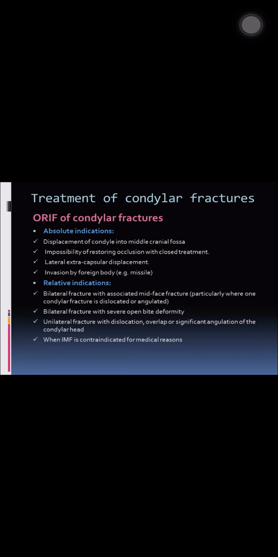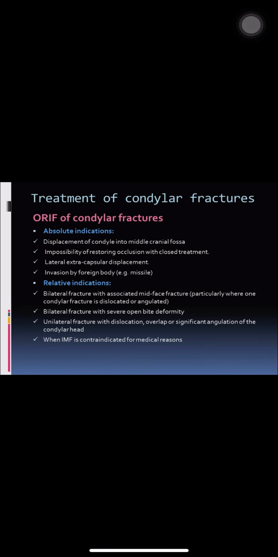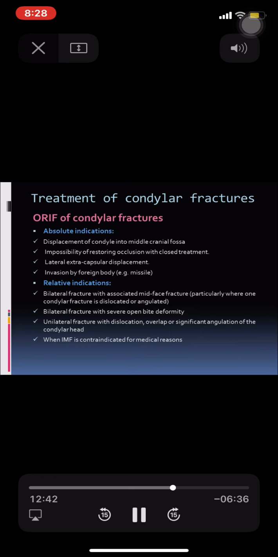And we have relative indications: bilateral fracture with associated mid-face fracture, particularly where one condylar fracture is dislocated or angulated, bilateral fracture with severe open bite deformity, unilateral fracture with dislocation, overlap, or significant angulation of the condylar head when intermaxillary fixation is contraindicated for medical reasons.